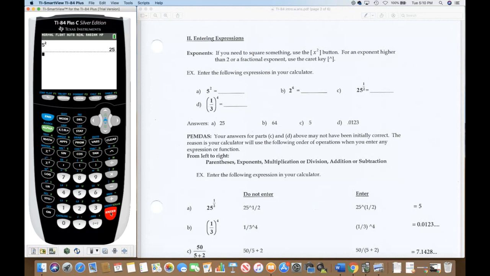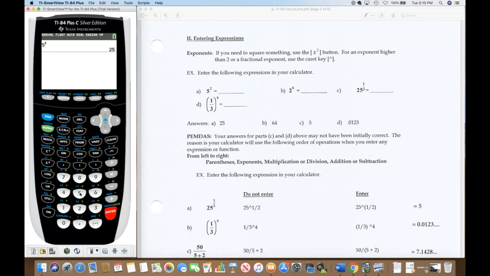The second way to have an exponent like squared on 5 is to use the caret key. The caret key is located under the four-way arrows, under the clear, and this key that looks like it has the roof of a house, that's the caret key.